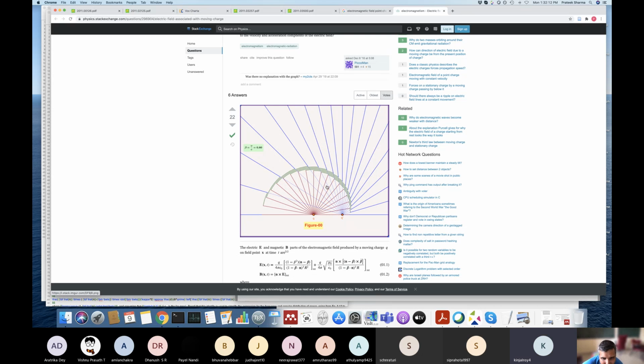So that's why you have an electric field only for that portion of time when it comes to rest. You don't have any radiation field here, and you don't have any radiation field here. You only have a pulse, which corresponds to the time over which it decelerated to come to rest. Okay. Yes, sir. Thank you.